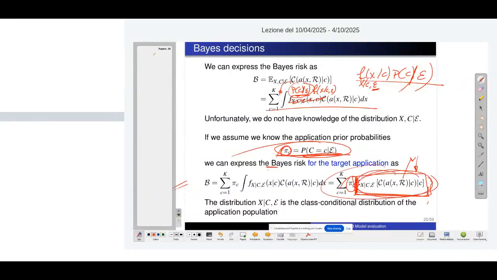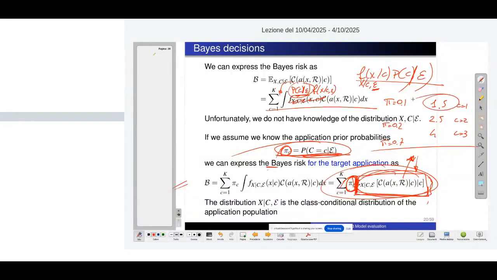The total cost is an average of the per class average errors, where the second average is taken with respect to the class prior. So for example, if from class 1 my average cost is 1.5, from class 2 it is 2.5, and from class 3 it is 4, and the prior probability for class 1 is 0.1, for class 2 it is 0.2, and 0.7 for the last class, what is the average cost that I would pay?